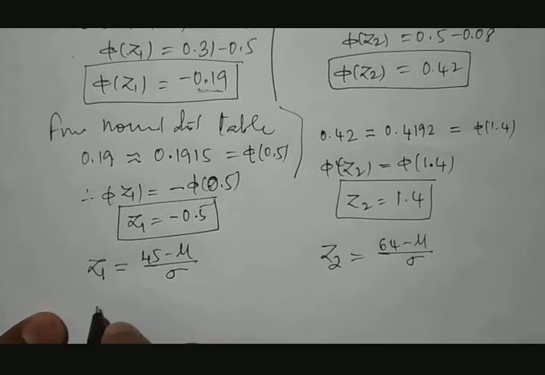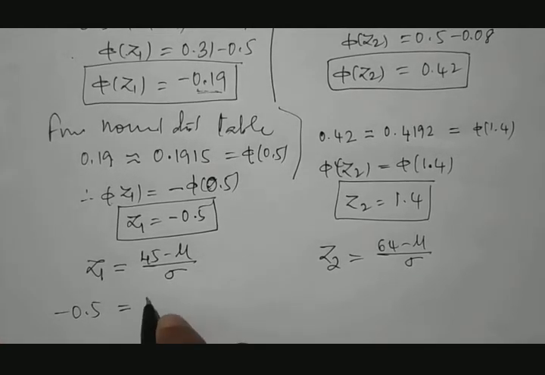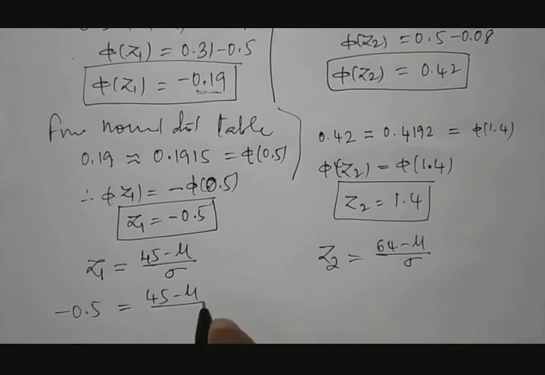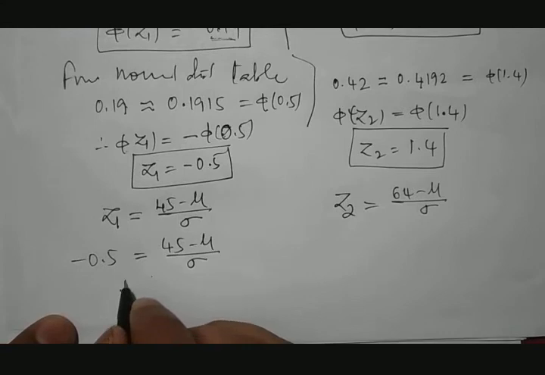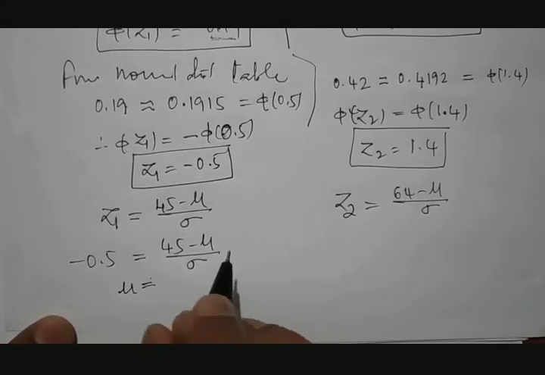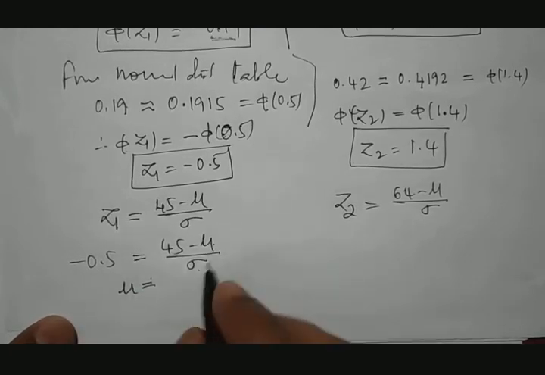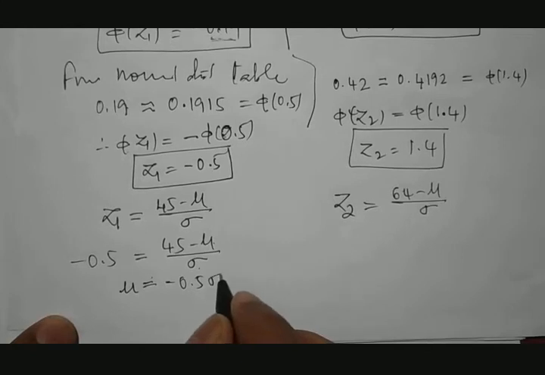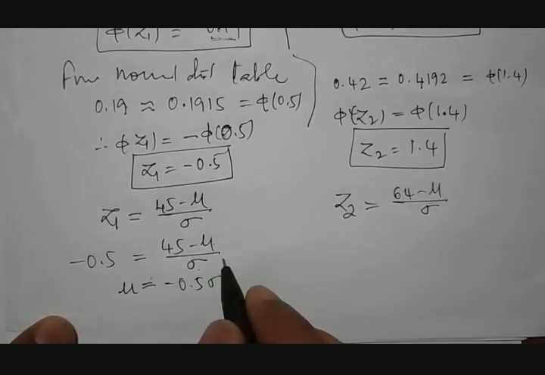Fine. Therefore, Z1 is minus 0.5, which is equal to 45 minus mu divided by sigma. Therefore, what is mu here? 45 minus mu is equal to minus 0.5 into sigma.